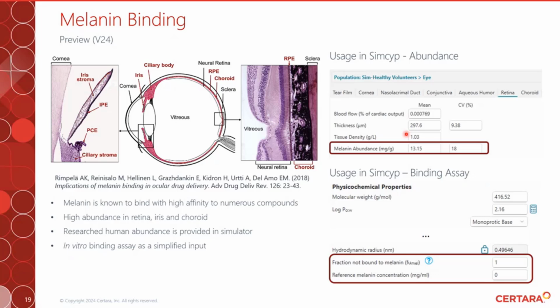We've provided researched abundances for the human populations for those three tissues, and the only thing we require from the user is in vitro binding assay information for their compound. And with that, you can see some results here.